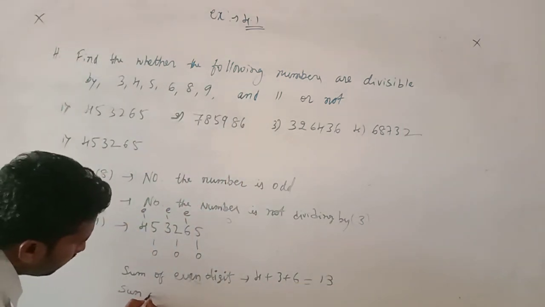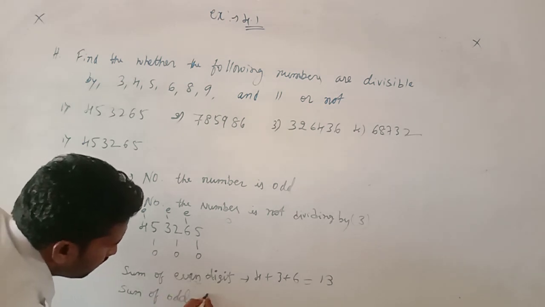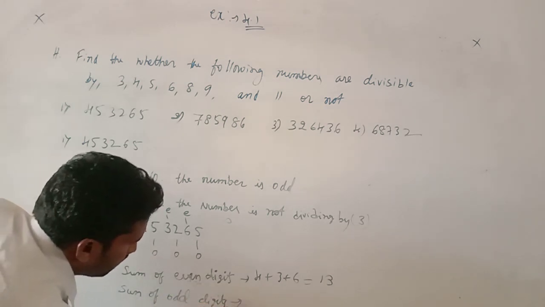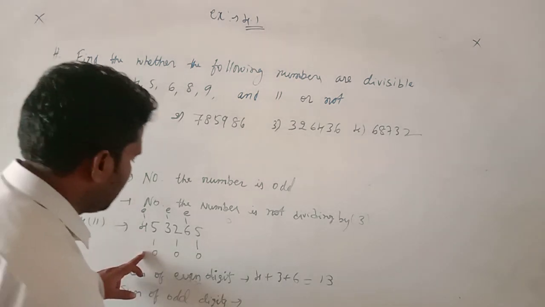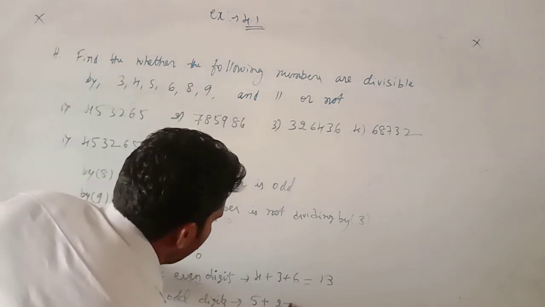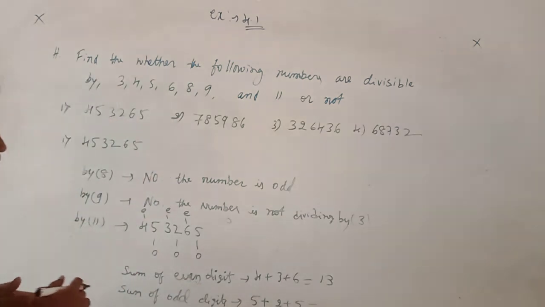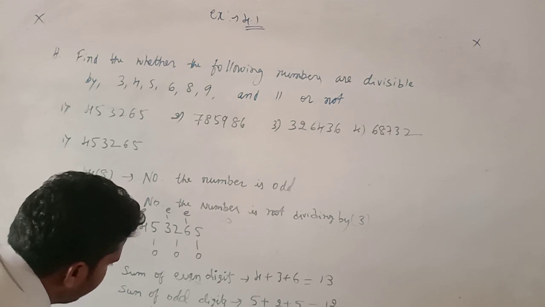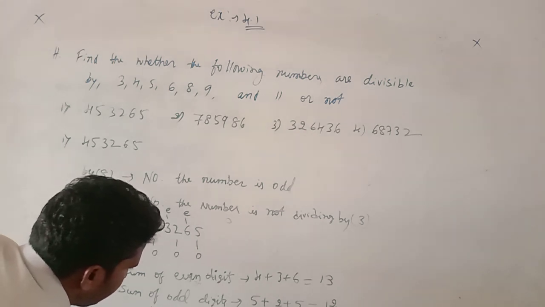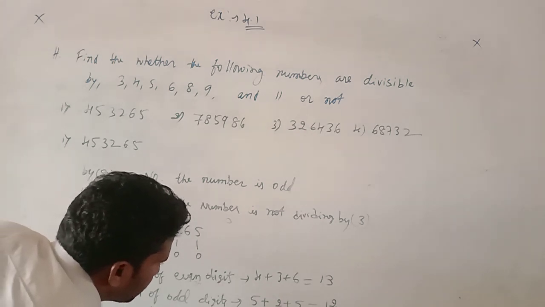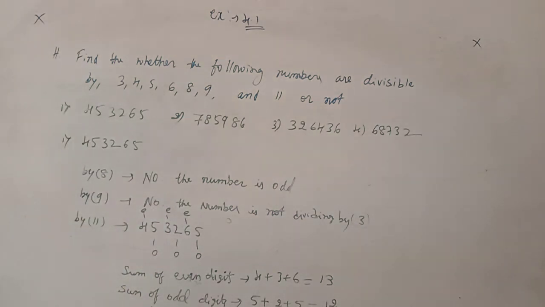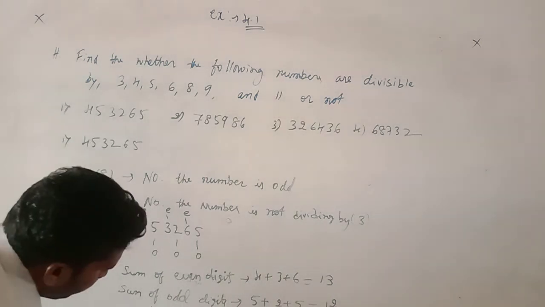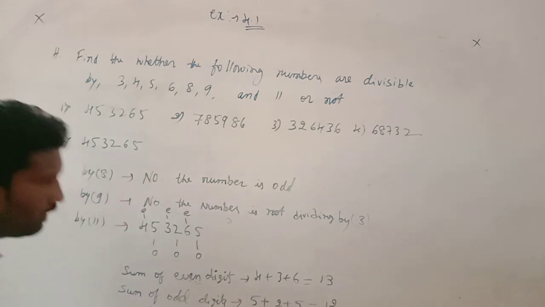Sum of odd digits: 5 plus 2 plus 5, which is 12. Difference 13 minus 12, it is getting 1. The difference should be 0 or 11, therefore it is not dividing by 11.